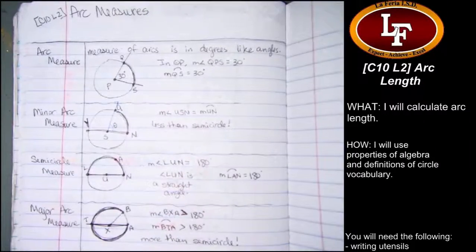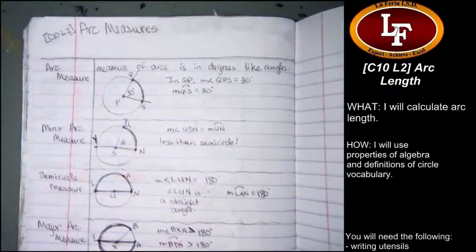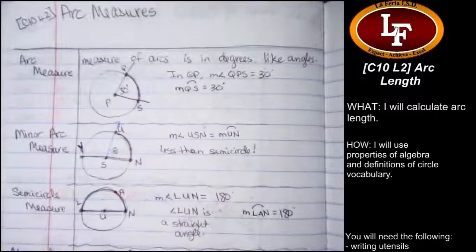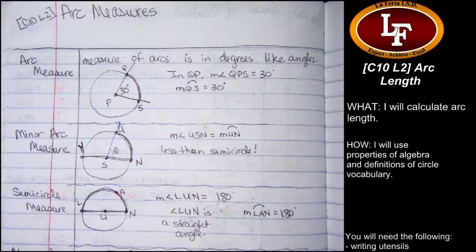The previous video was about arc measure, and we talked about this important concept right here: the arc measure is measured in degrees, just like angles. In fact, we get the angle measure of an arc off of the central angle that's creating it.